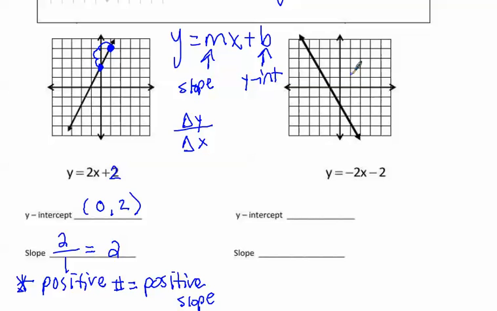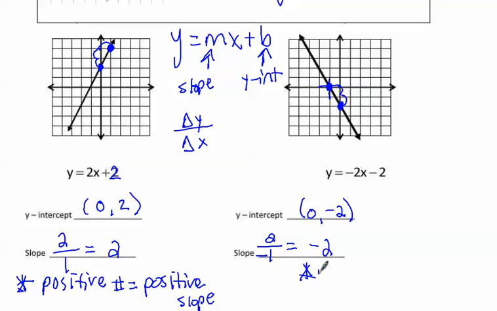Let's look at example 2. The y-intercept, or where it crosses the y-axis, is at 0, negative 2. Now I'm going to find 2 points that exactly cross the line with the coordinate grid. And in this case, I'm going up 2, left 1. So up 2, which is a positive, left 1, it's a negative 1, giving me negative 2.